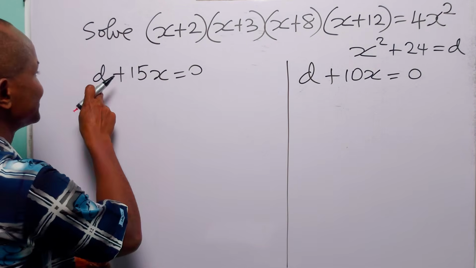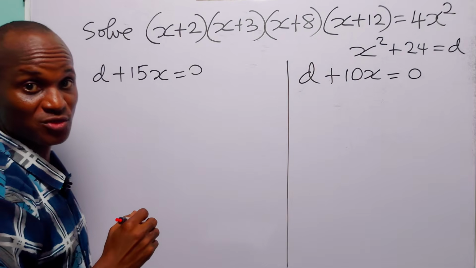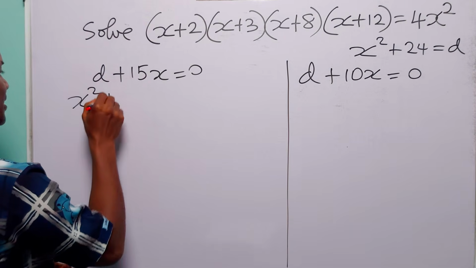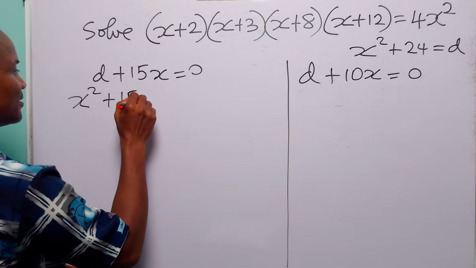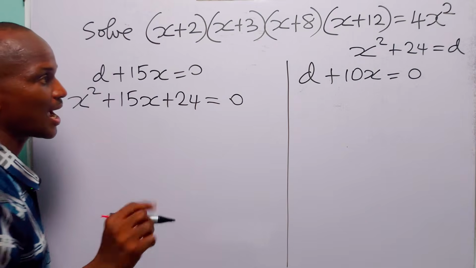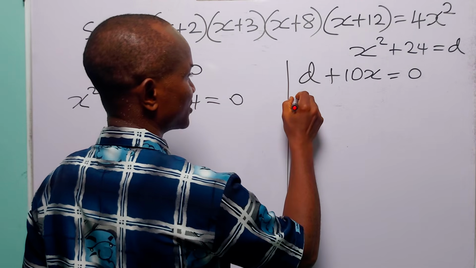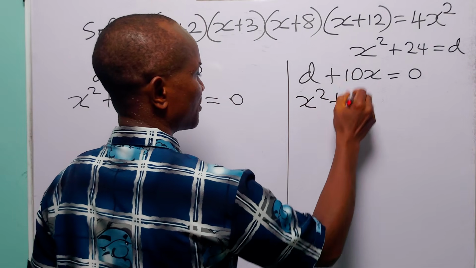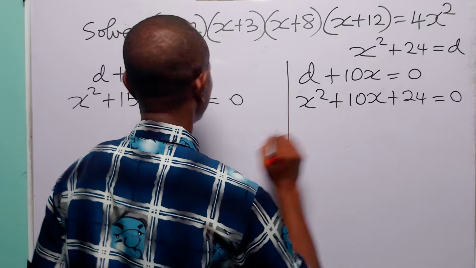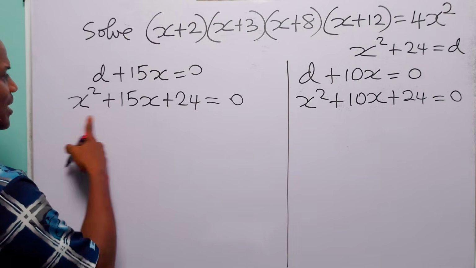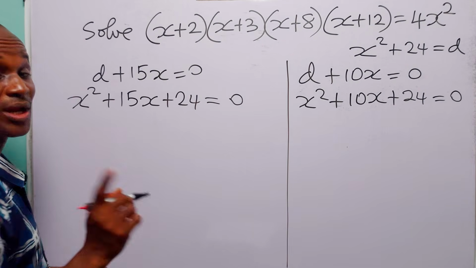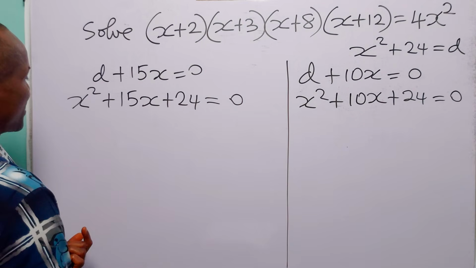Since d is equal to x squared plus 24, we can write this equation as x squared plus 15x plus 24 is equal to 0, and we can write this second equation as x squared plus 10x plus 24 is equal to 0. Now, we cannot solve this first quadratic equation by factorization. So let us solve it using the completing the square method.